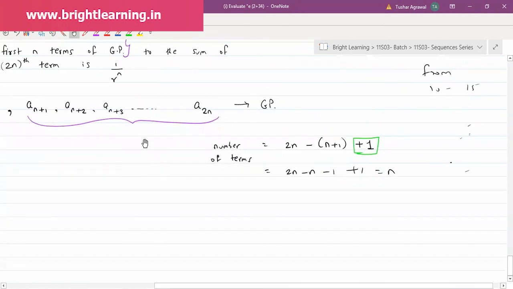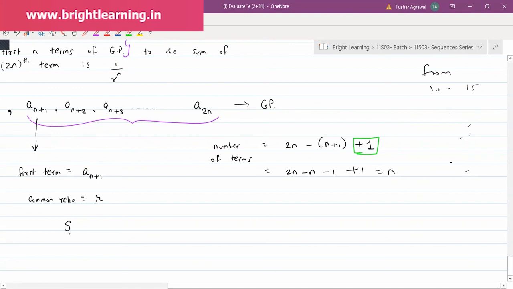Okay, sir. Now first term is what? Now for this purple geometric progression, the first term is equal to a n plus 1, and the common ratio is what, sir? Common ratio remains r only, from the original geometric progression. R does not vary with which part you're picking.